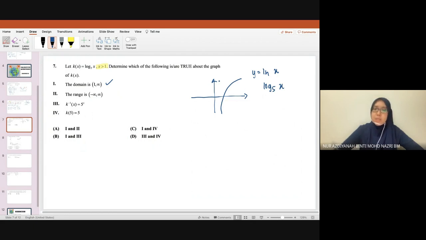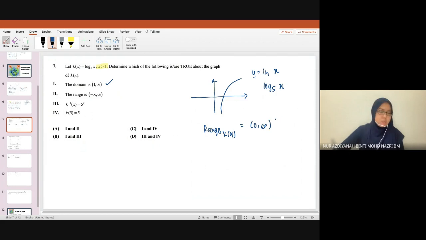Tapi dari segi bacaan y, dia sebenarnya tak akan berubah lah sebab we are considering the shape of any log function. So log function kat sini, always the range is 0 until infinity sebenarnya. So range untuk k of x here, it must be equals to 0 until infinity.